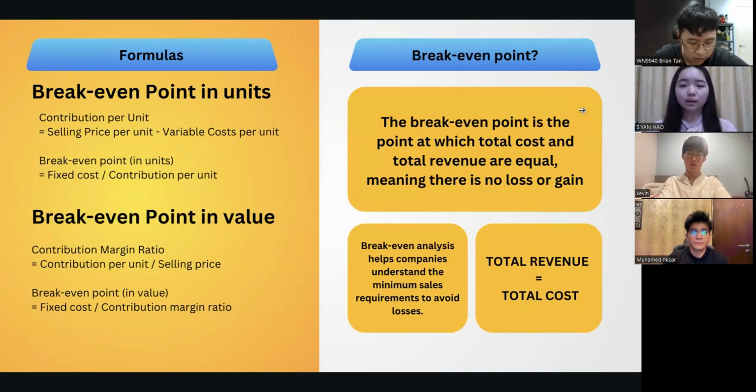The purpose of break-even analysis is to find out how much product a company must sell during a certain period to cover all fixed and variable costs. When the total revenue is equal to the total cost, the company reaches a break-even point. This analysis can help companies understand the minimum sales requirements to avoid losses.